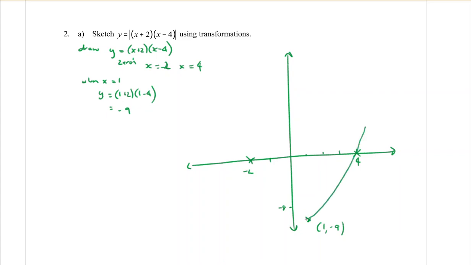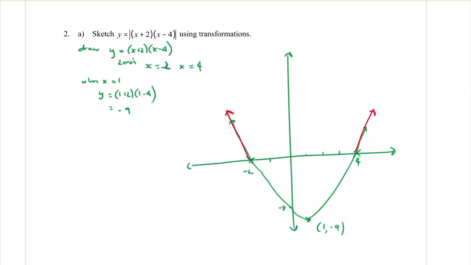This is the graph without absolute values. What do absolute values do? They make everything negative positive, correct. So that means any y values, all the stuff below the x-axis, is going to get reflected up above the x-axis. So these parts out the side that are already positive, they are going to stay the same.